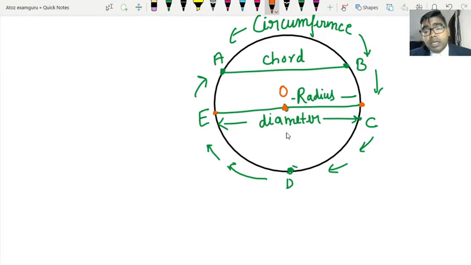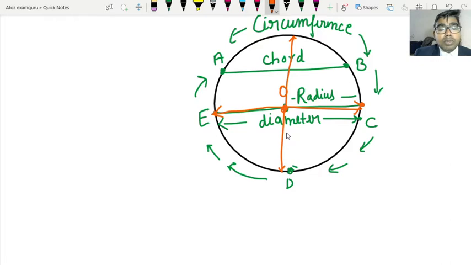Radius is the length of the line which joins the center to the circumference, right friends? And this is equal in all directions, in any other direction, right friends? Similarly, the diameter is a line which joins two points on the circumference and passes through the center.